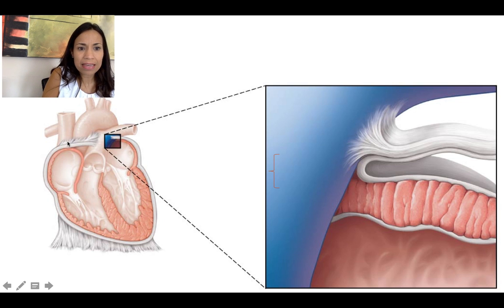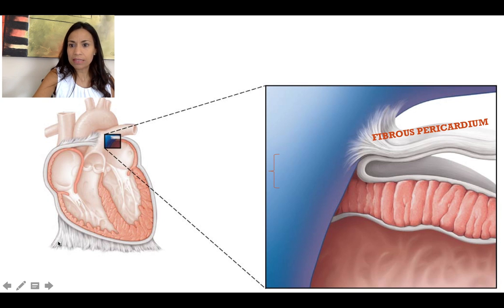And see again in another view how it's anchoring or linking the heart to the great blood vessels and, down here, to the diaphragm. That's one of the layers of the pericardial sac, the fibrous pericardium.